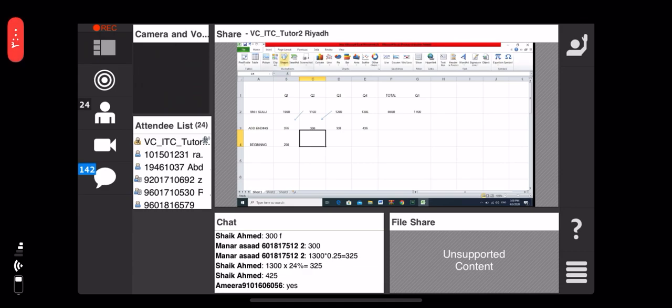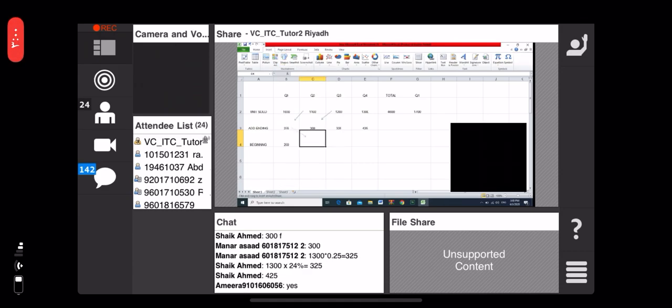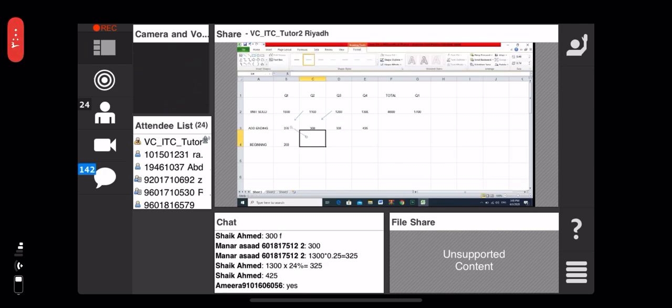So we shift the ending inventory here: it will be the beginning inventory for quarter 2. So 275, here 300, last 325. Clear now?